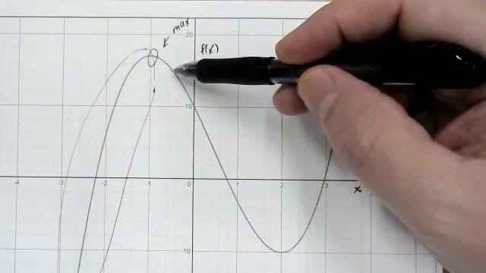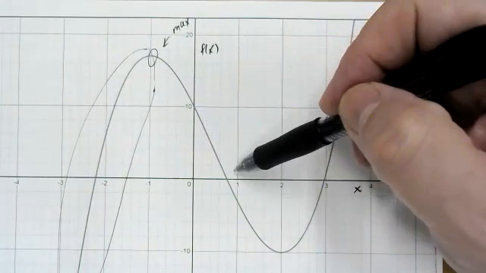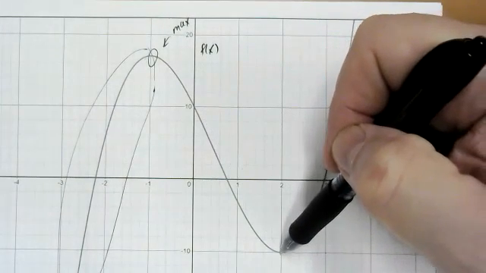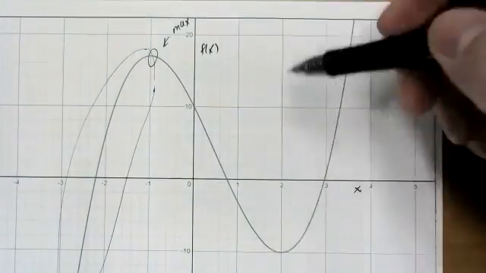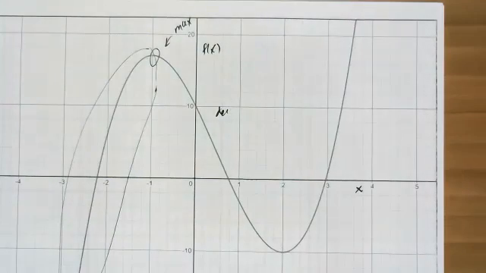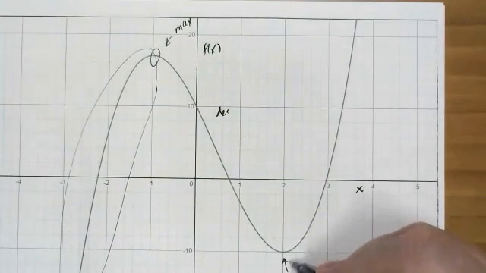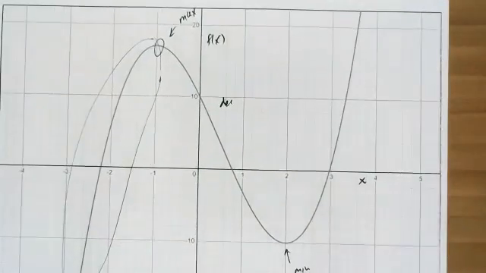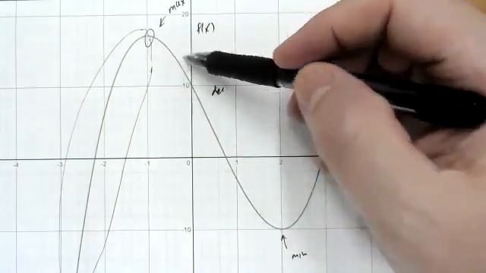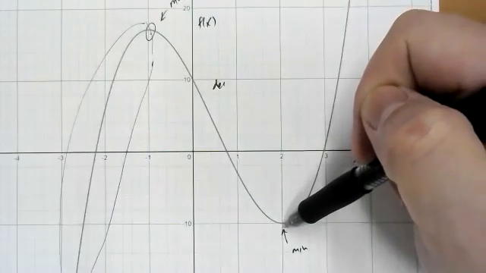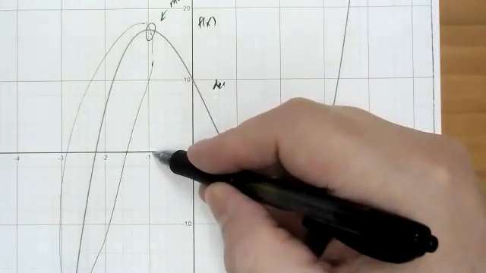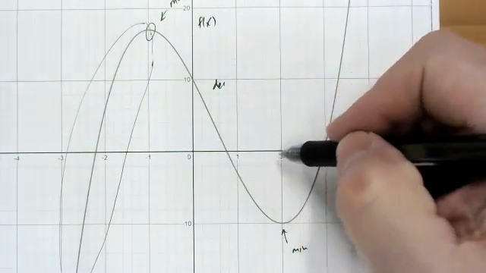All of a sudden the function is decreasing, and it's decreasing all the way till you get down here. You've got what looks like a minimum down here. So where is it decreasing? It starts decreasing up here and finishes down here. So what is that? That's x from -1 to 2.